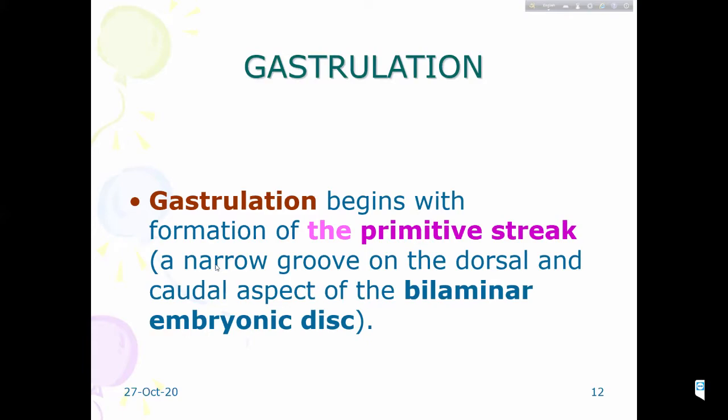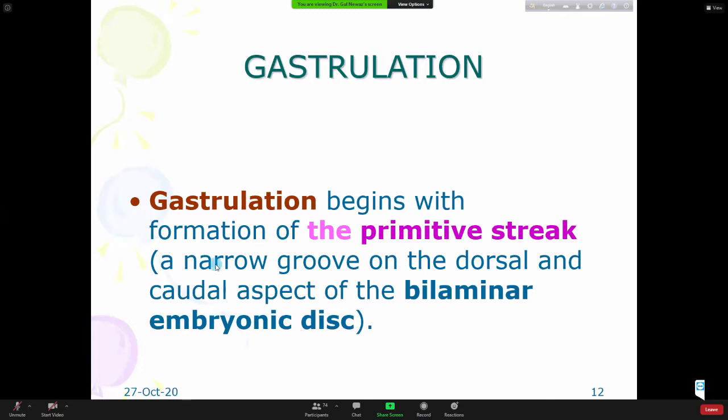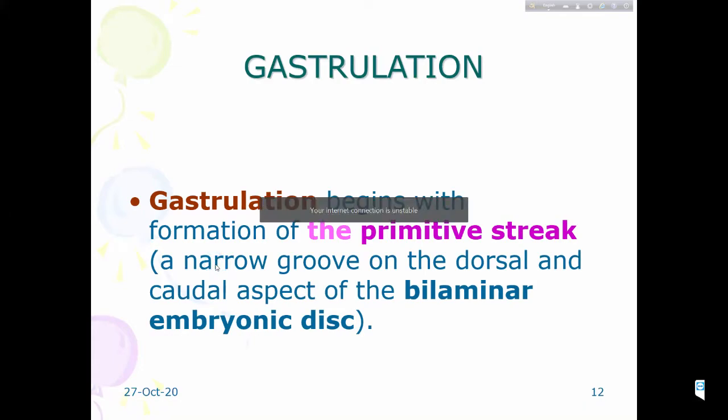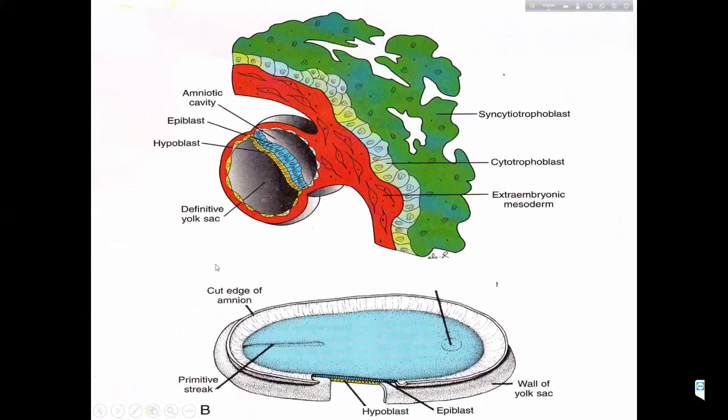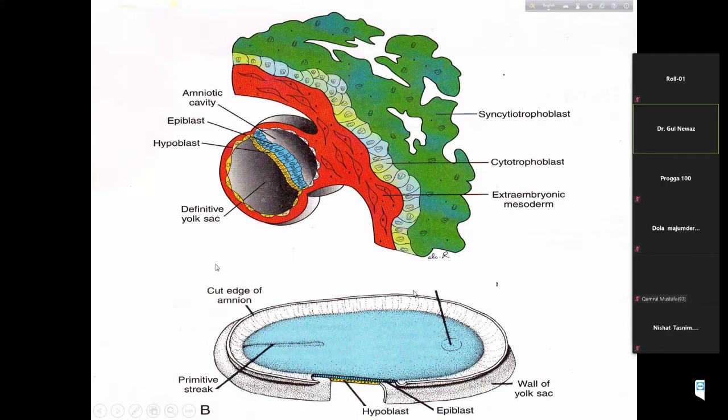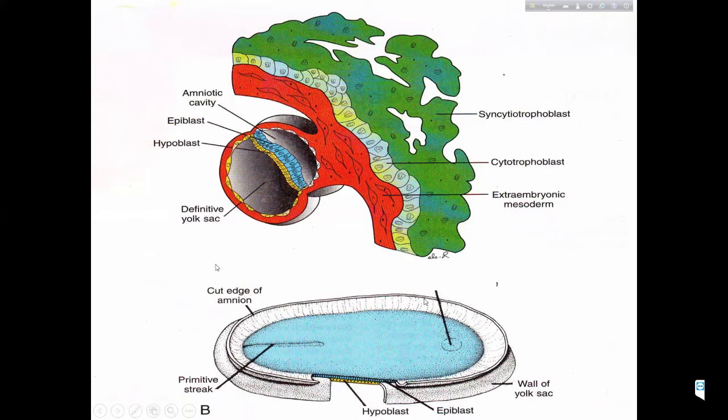So what is on the dorsal and caudal aspect of the bilaminar embryonic disc? The primitive streak is a narrow groove on the dorsal aspect of the embryonic disc. Let us see. Just look at this. This is a bilaminar embryonic disc. It's not round, the shape is like an egg, but the layers are two.